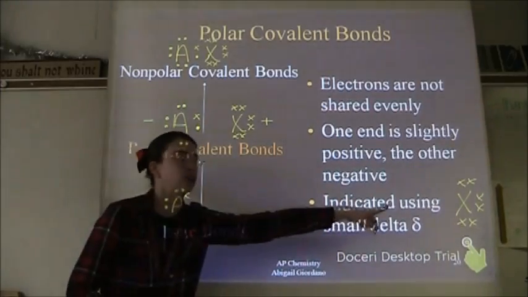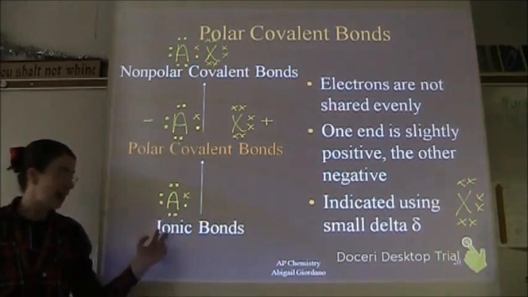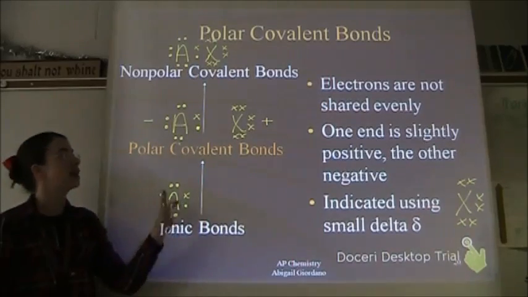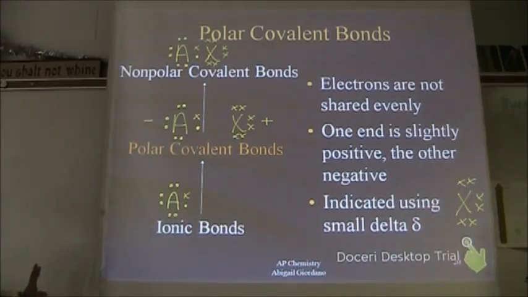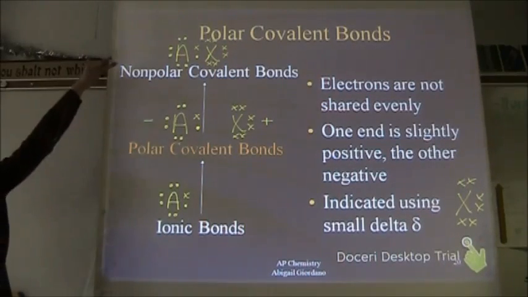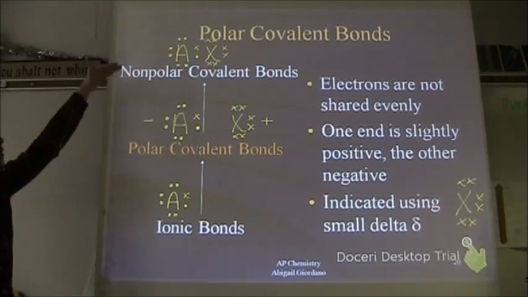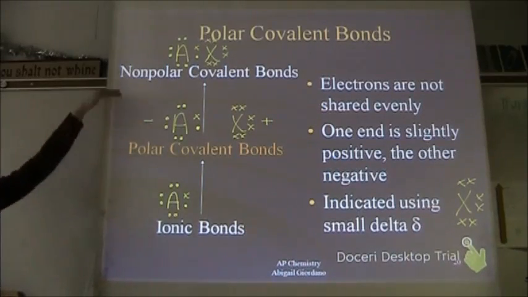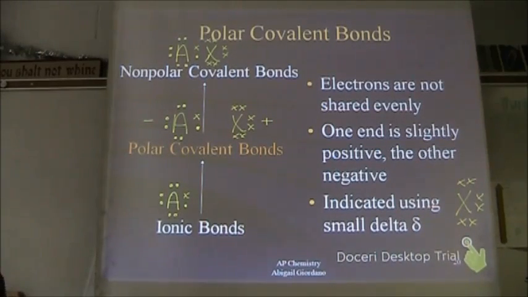This is really more like a transfer, and that's ionic. It's like it's so polar that it's not even covalent anymore. It's ionic now. And guys, it's a progression, okay? From nonpolar to polar to ionic, it's a progression. Right?